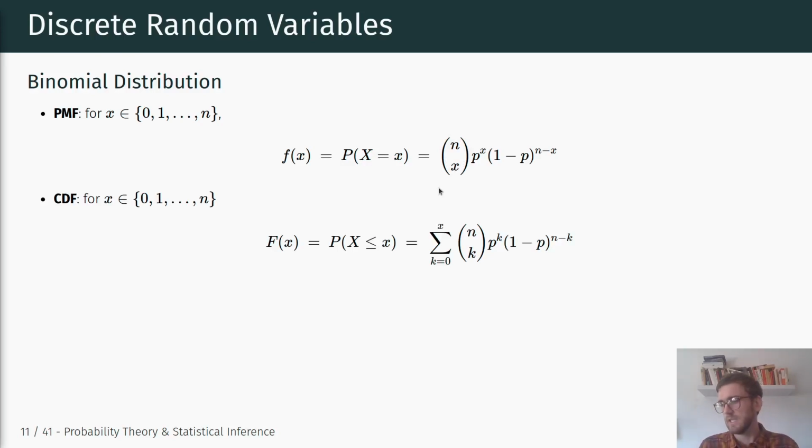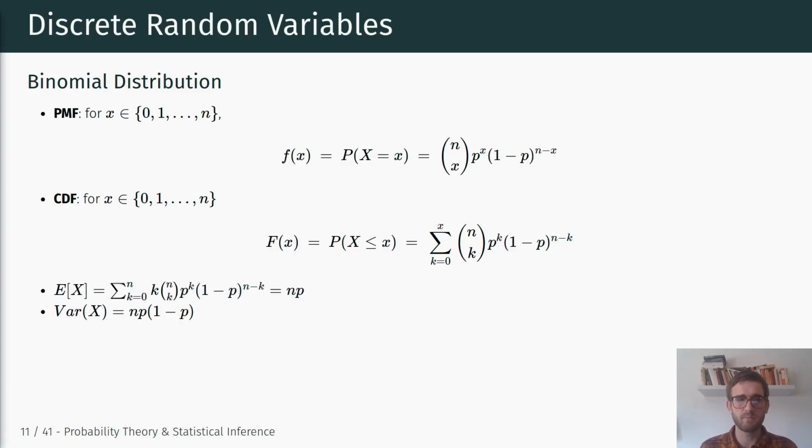The cumulative distribution function is then just the sum of all these probability mass functions for k equals 0 up to x, where we replace the x here with our k indicator. So that's just the sum of all individual probabilities up to x.